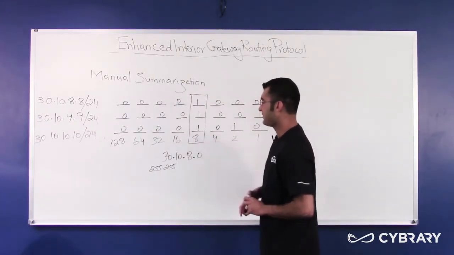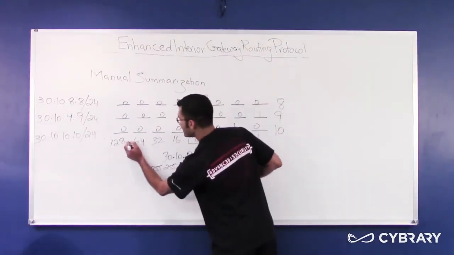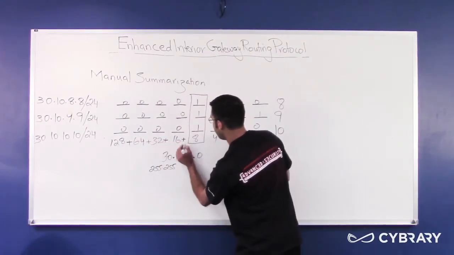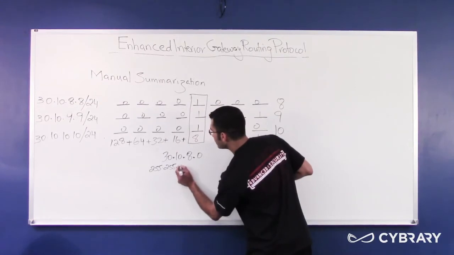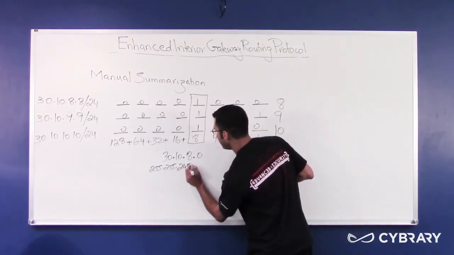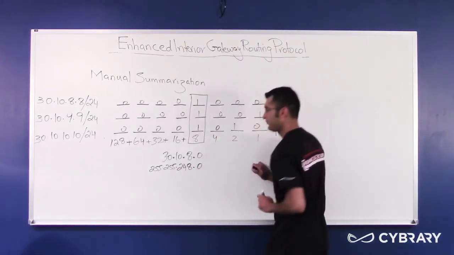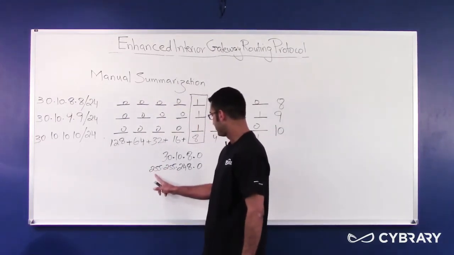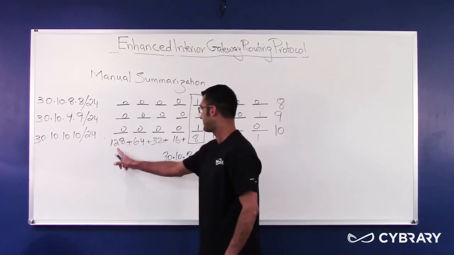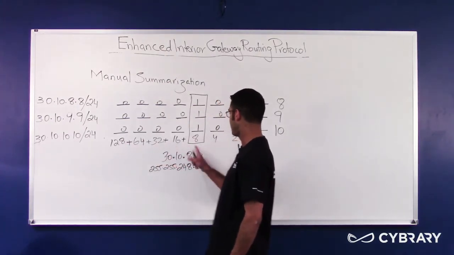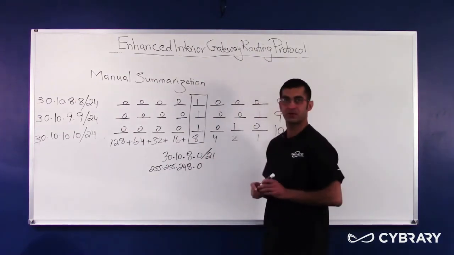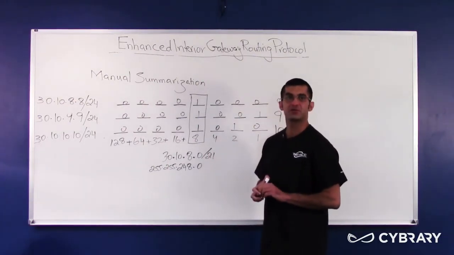So at the 8-bit value, if I add all these up, 128 plus 64 plus 32 plus 16 plus 8, I get 248.0. Or a /8 plus 8 is 16, plus 17, 18, 19, 20, 21, or a /21 network. Now let's go ahead and see how this works on our lab.